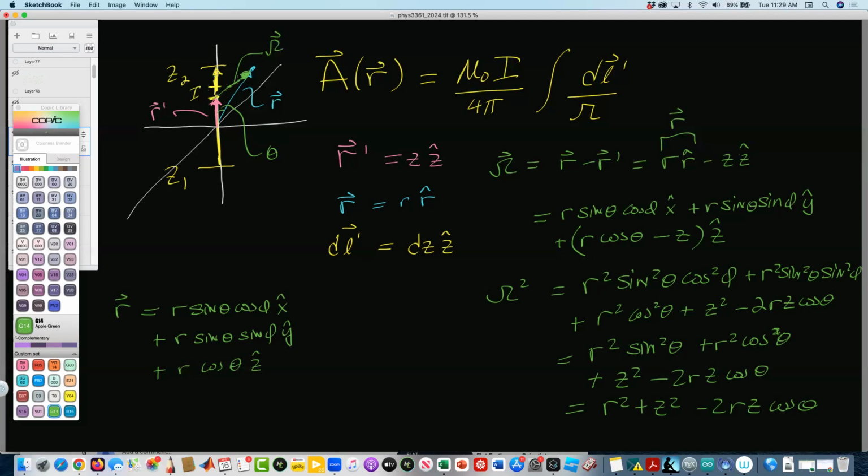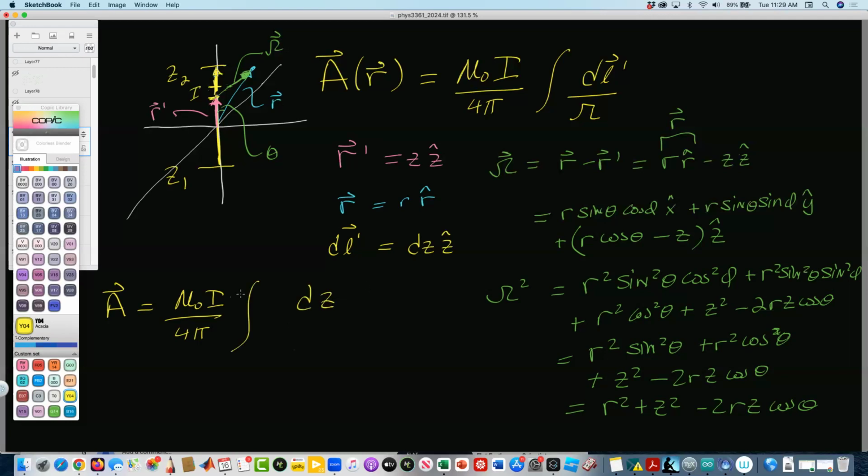All right. So great. That means we can set up the integral. I'm going to erase some stuff. I'm not going to do the integral because I really don't feel like it. So A is mu 0 I over 4 pi, and then we have the integral dz. We just pull the z hat out here.